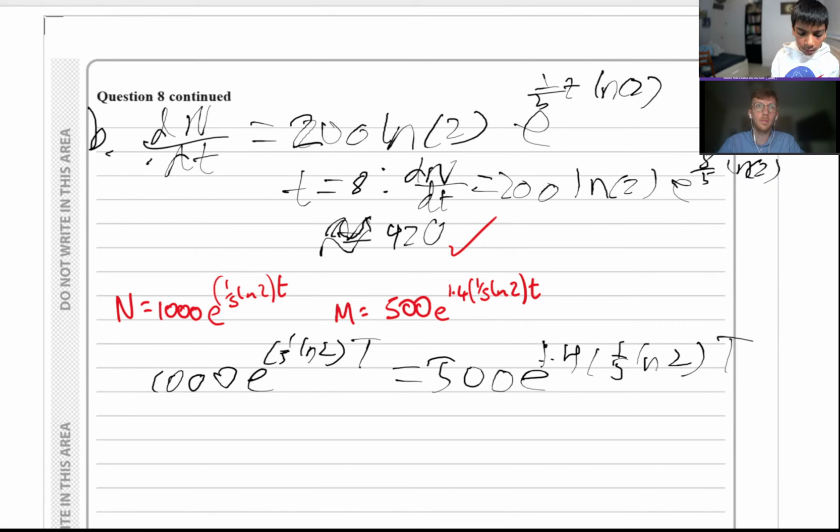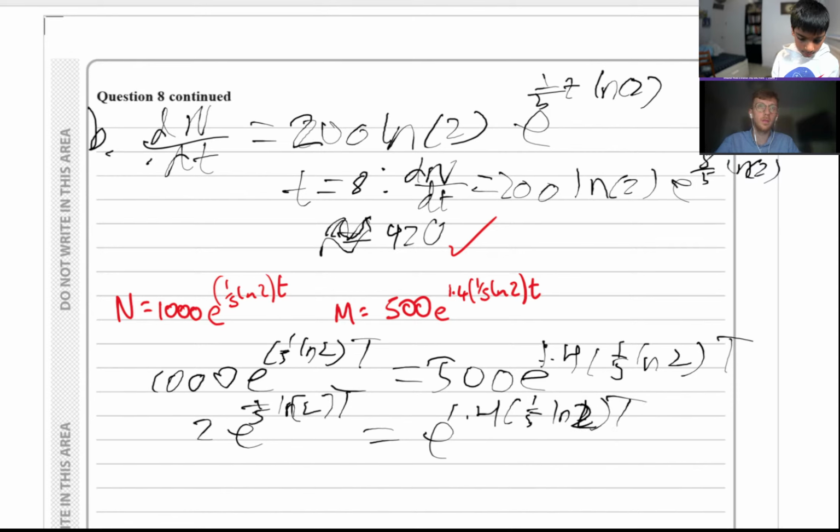And if we divide by 500, you get 2e to the power of 1/5 ln2 t equals e to the power of 1.4 times 1/5 ln2 times t.